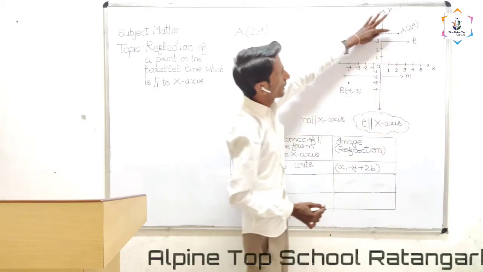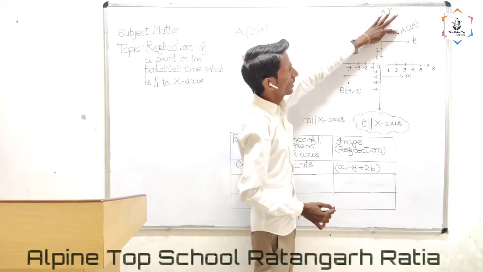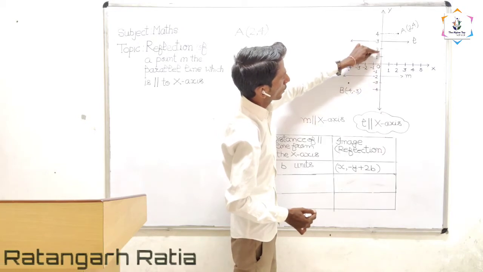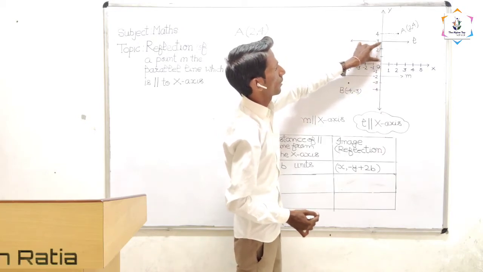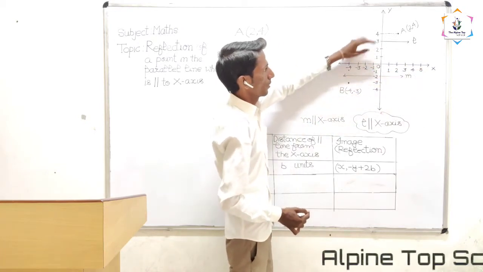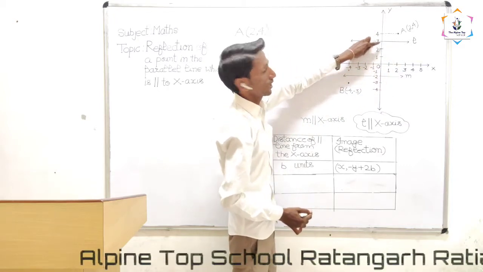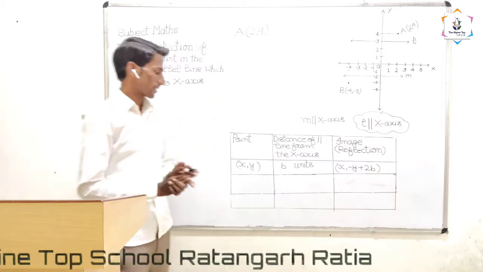Now I want to find the image or reflection of this point in this parallel line, which is 1, 2, 3 units away from the x-axis. What is the distance of this parallel line from the x-axis? 3 units.